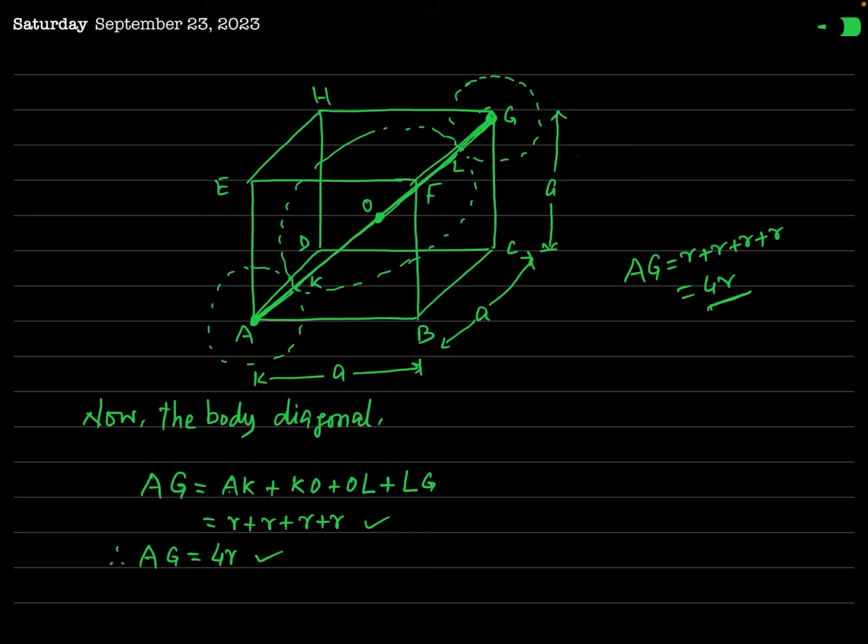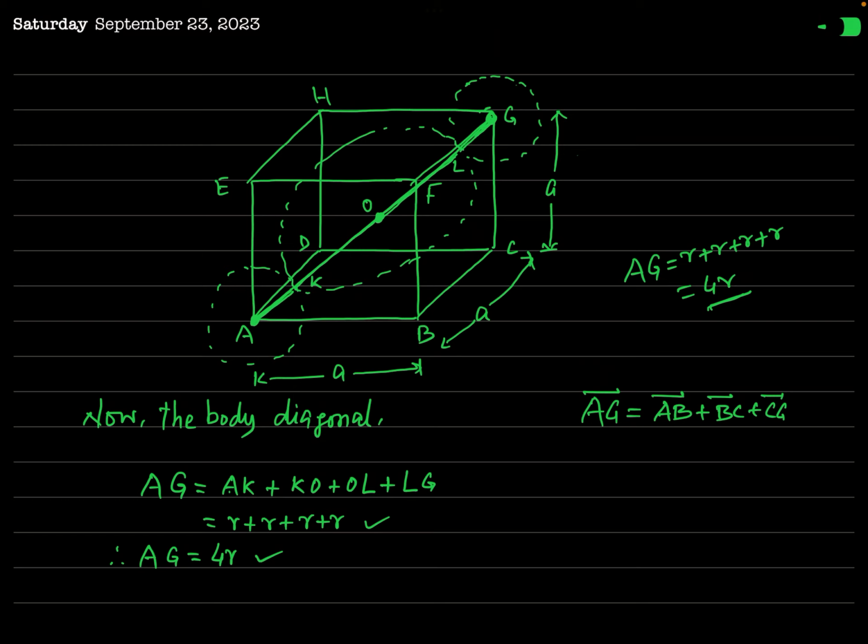Now if we write the vector AG, what will this vector AG be? Using the polygon law of vector addition, you can write AG will be equal to vector AB plus BC plus CG. You know the polygon law of addition of vectors.